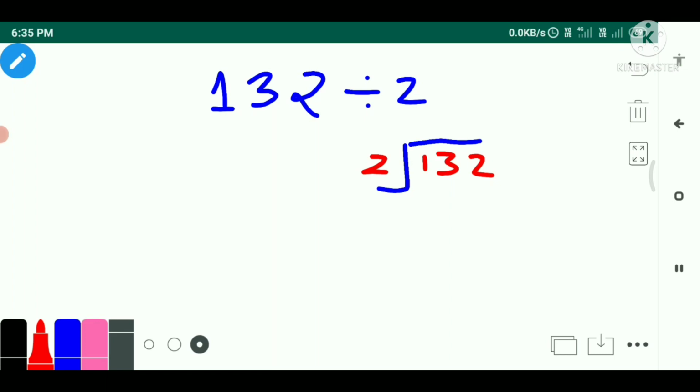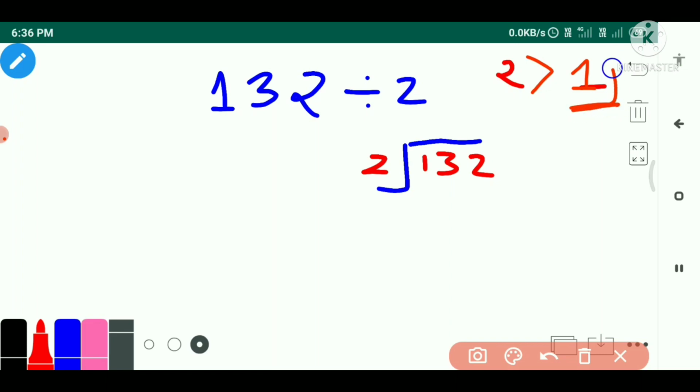Now we'll start comparing the number that is in the 100 place. So we'll compare the divisor with the number in the 100 place. Now 2 is the divisor and in the 100 place 1 is there. So now 2 is greater than 1, right? If our divisor is greater, we'll take two numbers in the dividend.